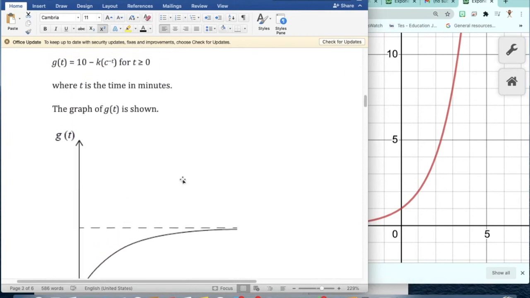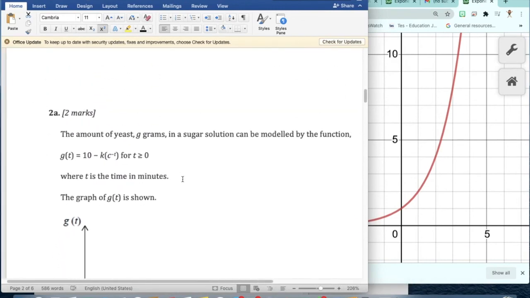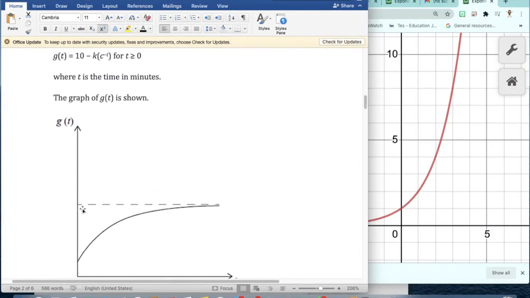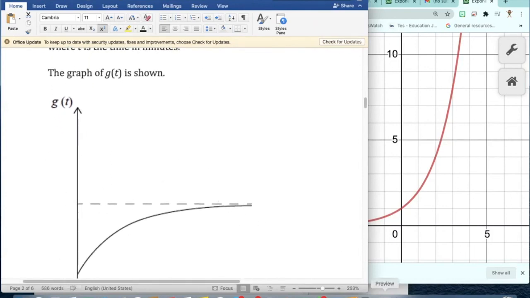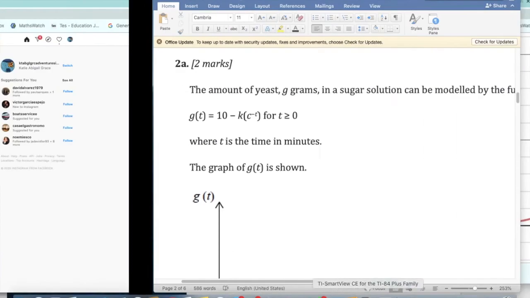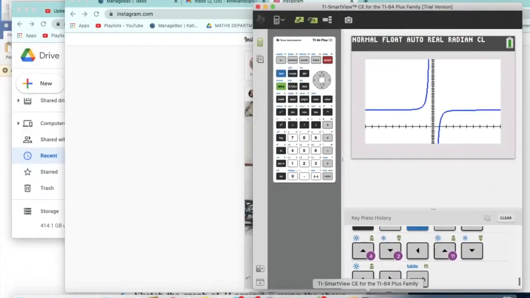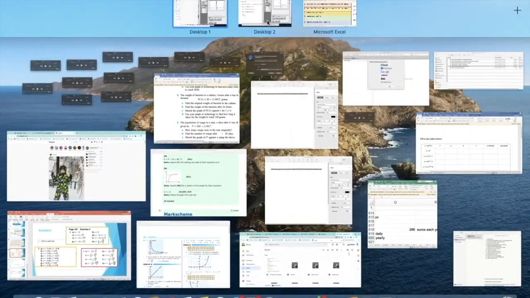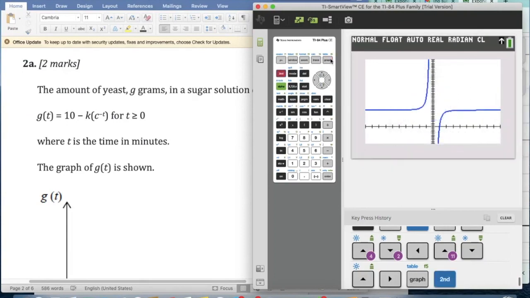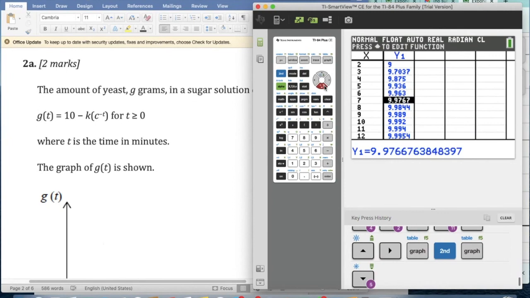So let's have a look and remind ourselves what's going on here. So it said the amount of yeast, g grams, is a sugar solution. So the maximum amount of yeast is going to be the asymptote. So we need to work out what this dotted line is. You can either just look at the function and read it's 10, or you could go to the calculator as before. And using the calculator, we can see that using the table, the maximum number it goes towards is going to be 10, and it will eventually reach 10, as you can see.